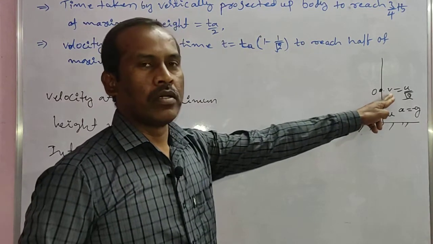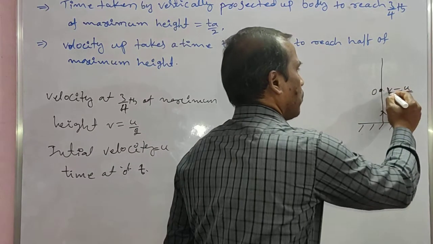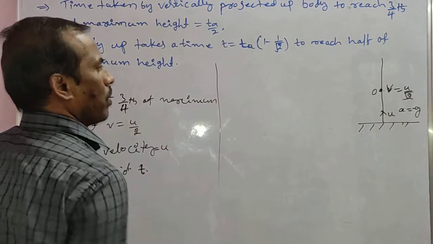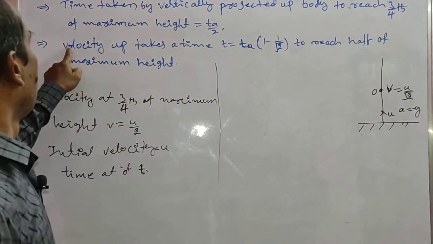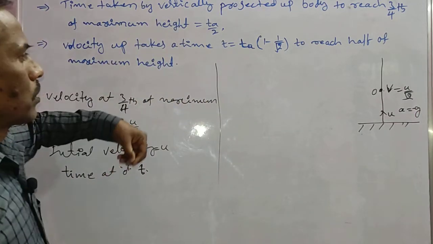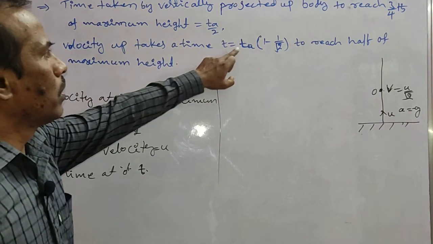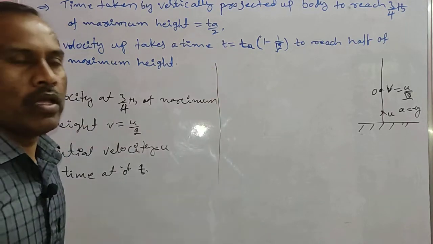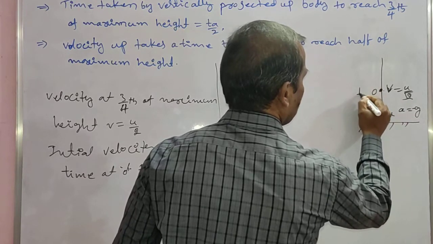Here v means the velocity at half of the maximum height, u by root 2. Now we find the time taken to reach half of the maximum height. The body is projected in the upward direction and takes a time t equal to ta into 1 minus 1 by root 2.